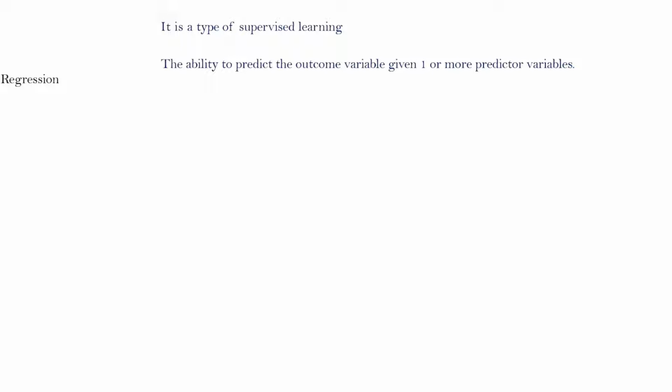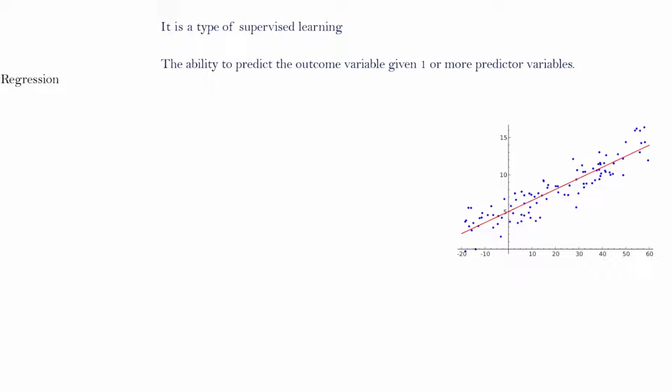Regression is the ability to predict the outcome variable given one or more predictor variables. This is the kind of numeric prediction we make. You have some data, the blue marks, which are the actual data collected over time. Take the example of a sales report.